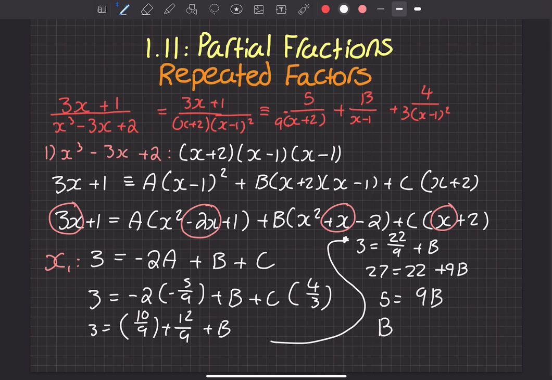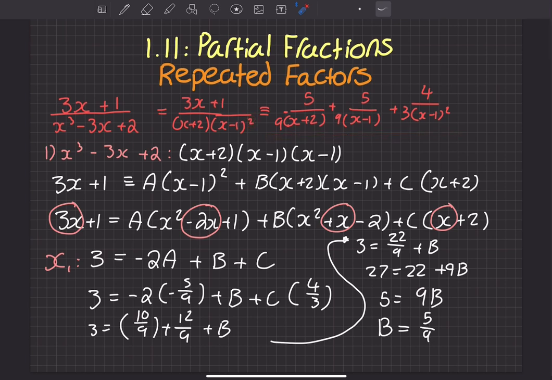And finally, we have b equals 9/5, right? Or not 9/5, my bad, 5/9. So b here is 5/9, right? Plus 9.